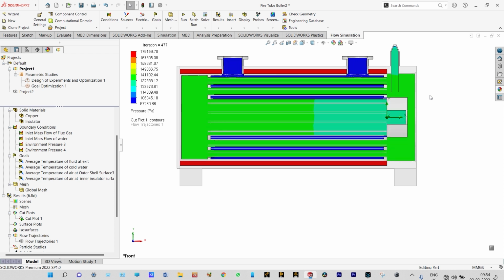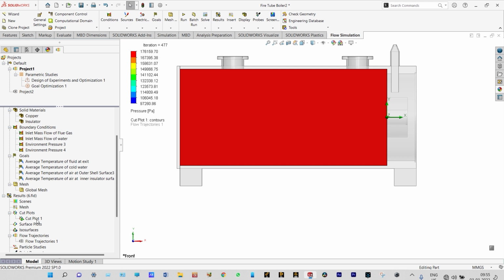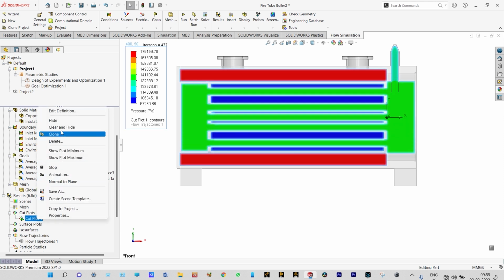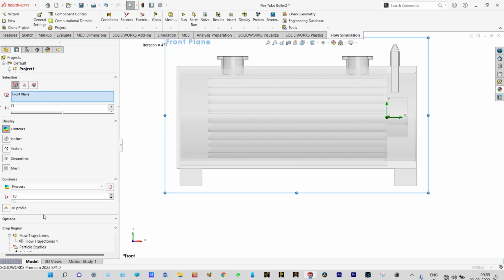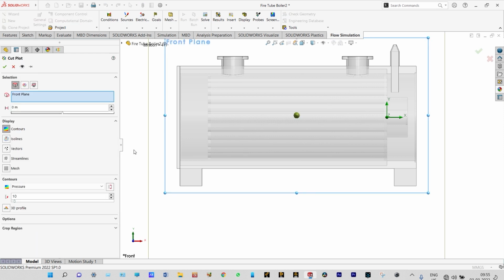Clear and hide these things, and we want to see this pressure and temperature distribution from right plane. Insert cut plots, and you want to see this distribution from a different plane, right?